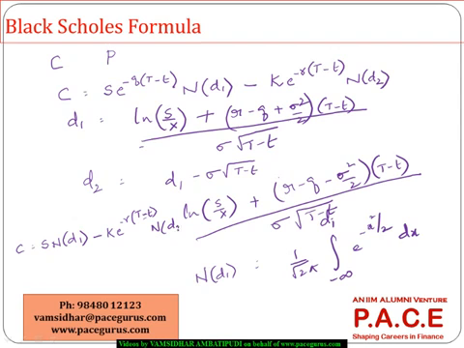That's the small modification that comes. Even in d1, I get log(S/X) plus (r plus sigma squared by 2) times (T minus t), divided by sigma root (T minus t). I will not have the q term at all, in case the asset doesn't pay any kind of dividend.